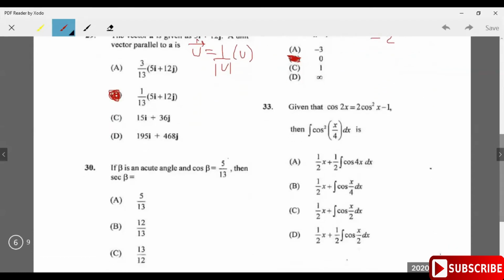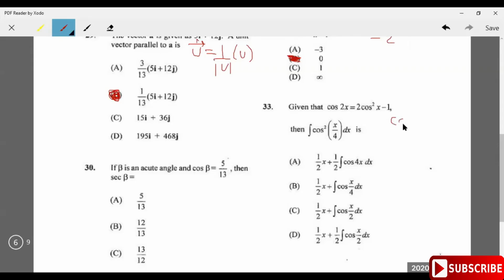Question 33. Question 33 is asking us for the integral of cos square x over 4 dx. Now look at this right here. They tell us that cos 2x is equal to 2 cos square x minus 1.